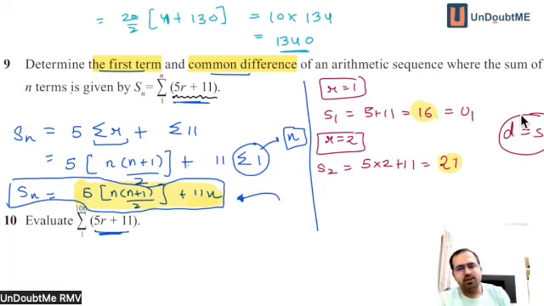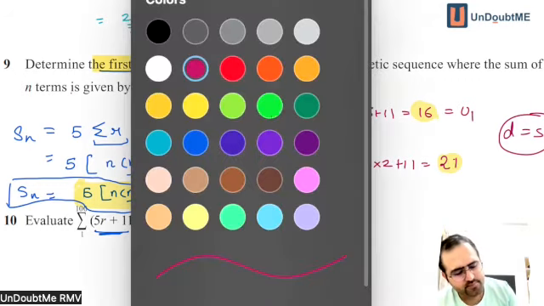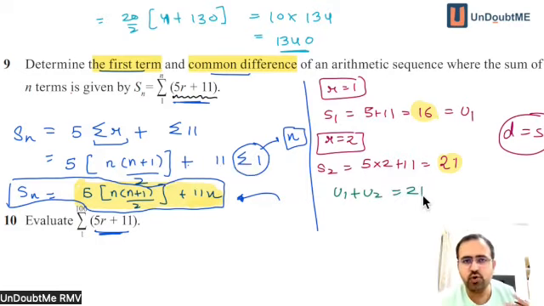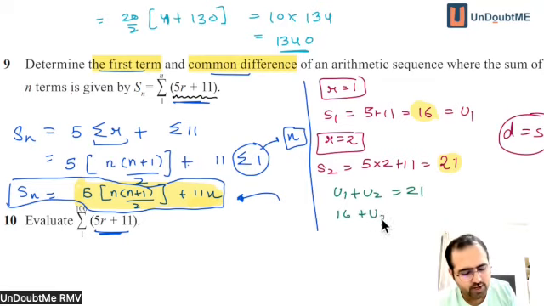But you have to understand over here that this is not the term, this is the sum of n terms. So if I have only one term, then the sum of one term will itself be the first term. But when I say the sum of two terms, this 21 is basically u1 plus u2 is equal to 21, the sum of two terms, out of which the value of u1 is 16, and u2 I need to find.